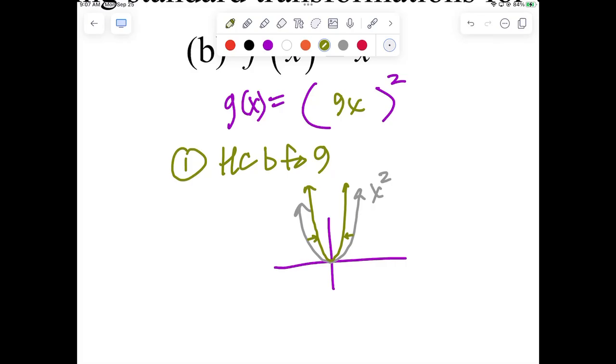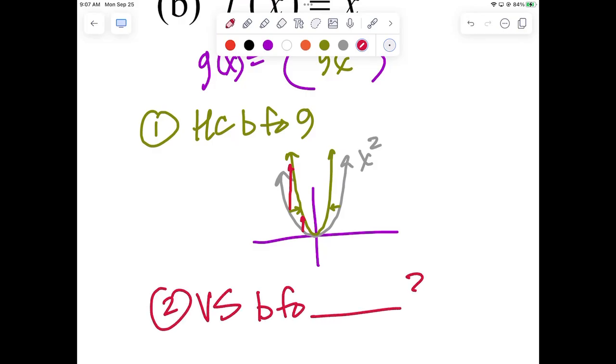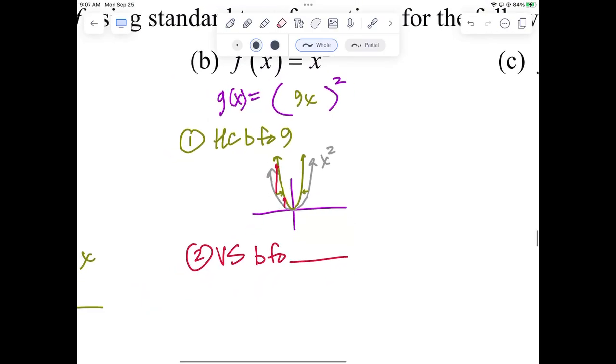Is there another way to obtain that graph? Well, I claim yes. Instead of compressing it horizontally, I could take the gray graph and pull it up vertically like this. That would be equivalent to some kind of vertical stretch, right? There would be some kind of vertical stretch by a factor of what? 9? Is it the same? No, it's not the same. In fact, let's see why it's not the same.